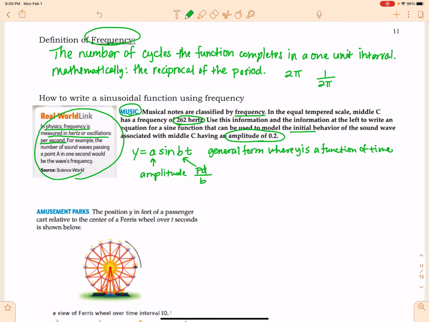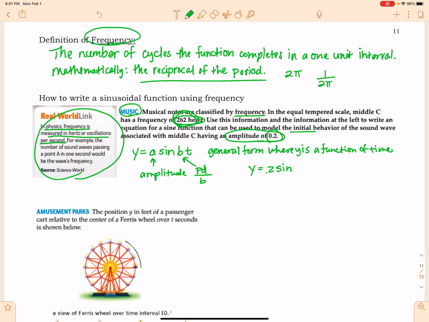Okay. So having said that, we need to figure out what the measure of A is, and we need to figure out what the measure of B is, and that's all we need to do for this. So the amplitude is given to you at 0.2. We do need to find the period for this particular equation. So that's where the frequency comes in. Remember, I already told you that the frequency is the reciprocal of the period.